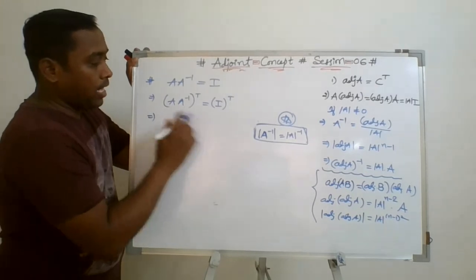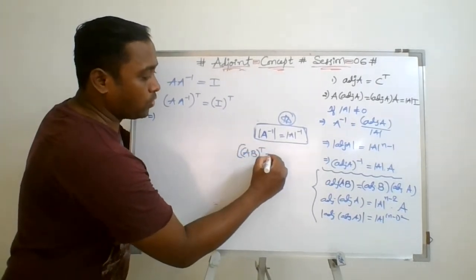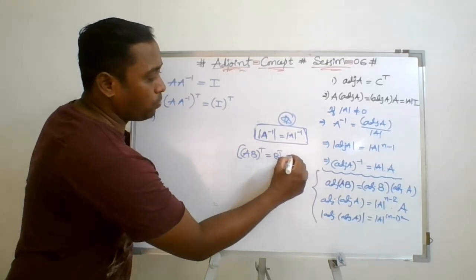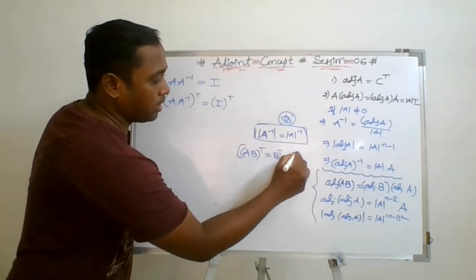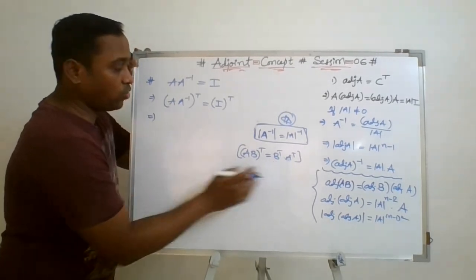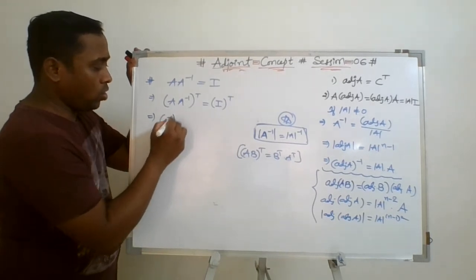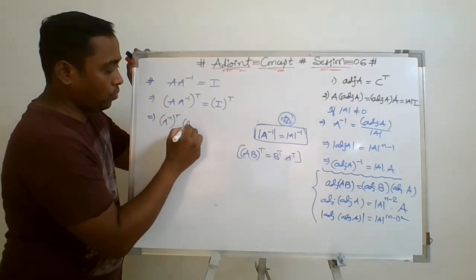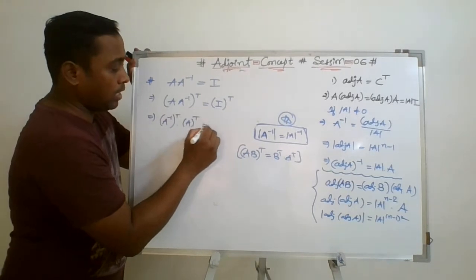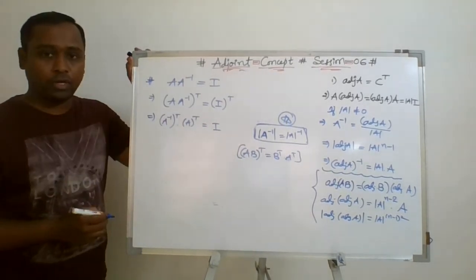Now, as you know, the reversal law of transpose: AB whole transpose is equal to B transpose into A transpose. That is very clear. So with the help of this reversal law, I can write this as A inverse whole transpose into A transpose is equal to I. Getting my point?